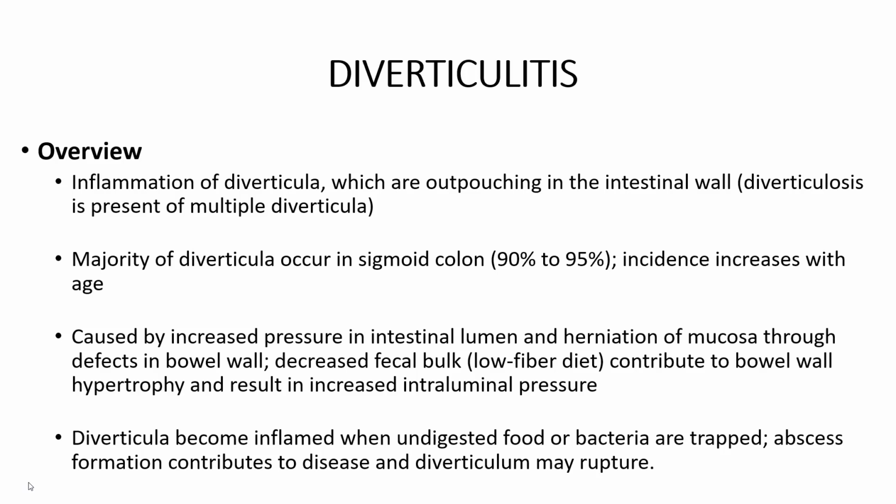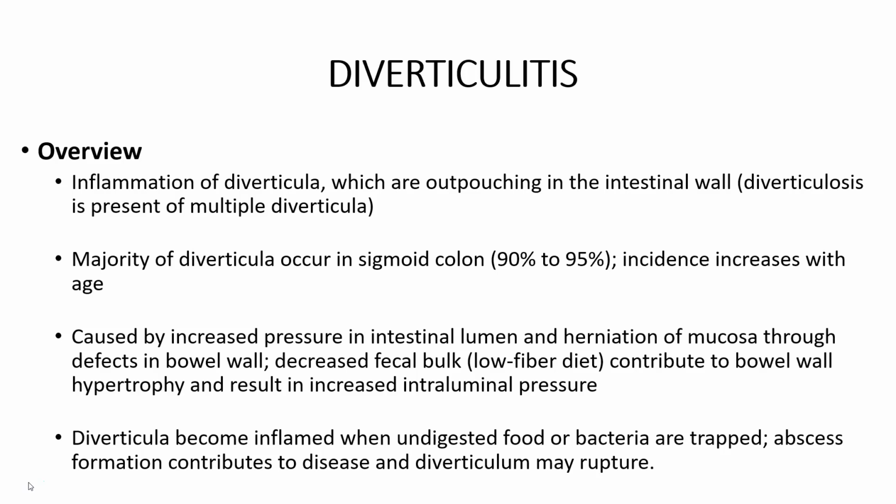That low fiber diet, that decreased fecal bulk, causes the bowel wall to become larger and increases that pressure. A person with chronic constipation usually has that precede the development of diverticulosis.